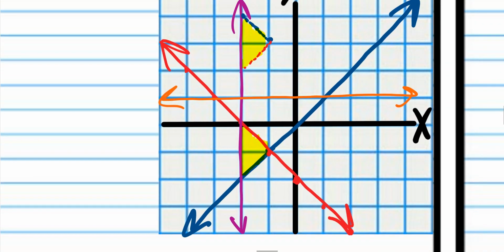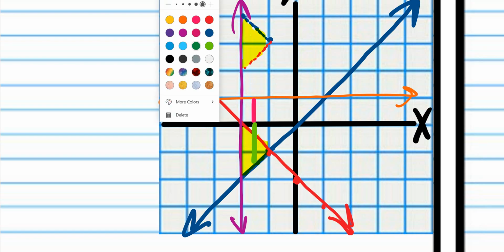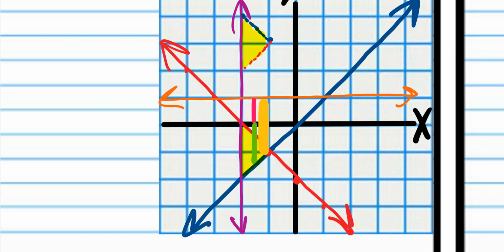But how do we find that radius? Well, we're going to take this length, which is 1, and then we're going to add this green length. The problem is that green length is a negative number. So if you just add 1, that pink length, to the green length, which is the y value of the point here, it's not going to represent the length that we're looking for, which is this yellow distance here.